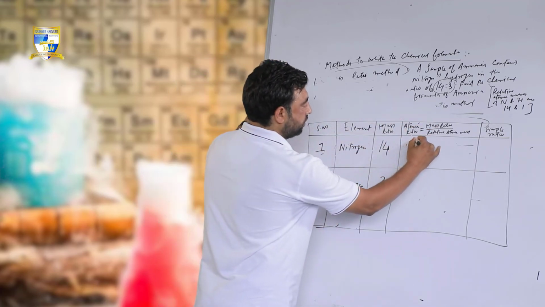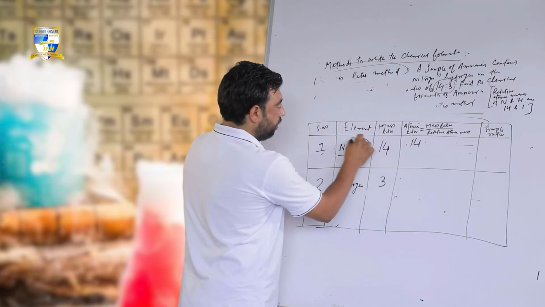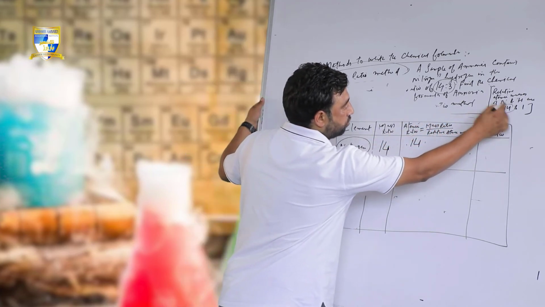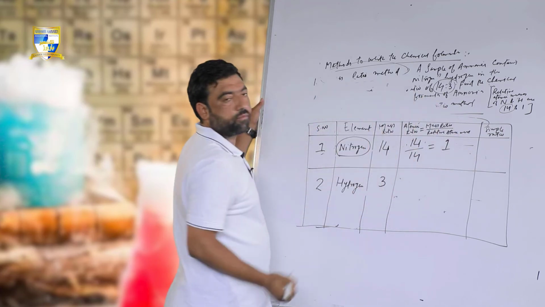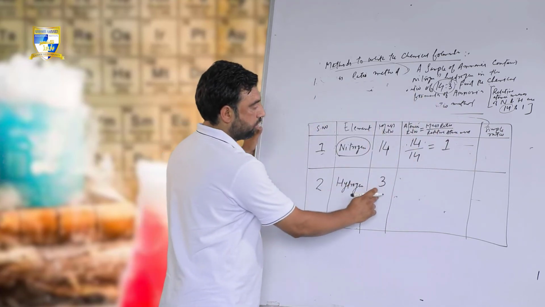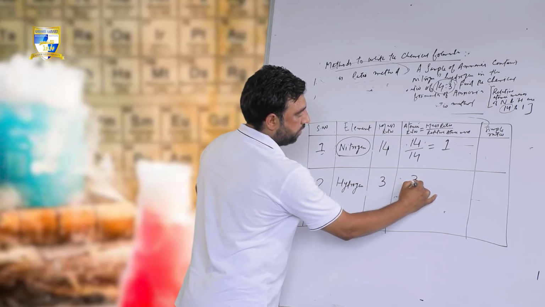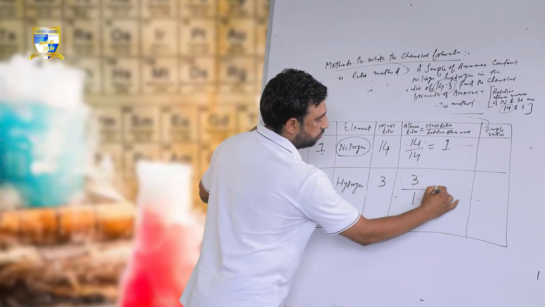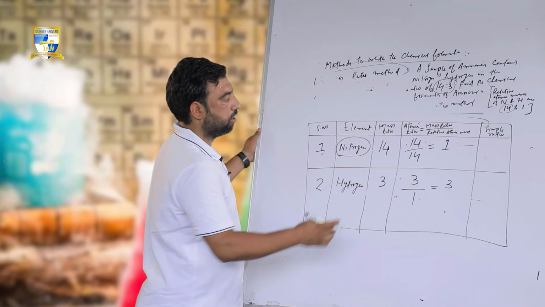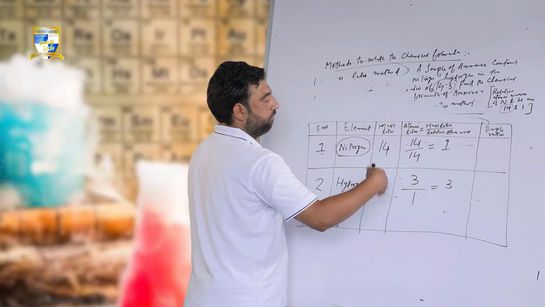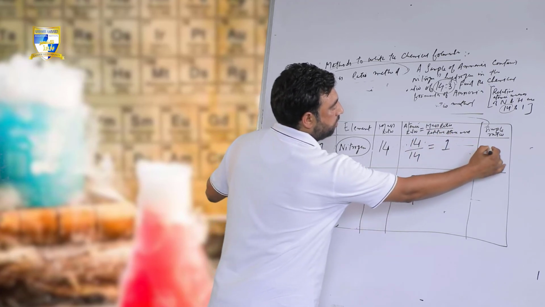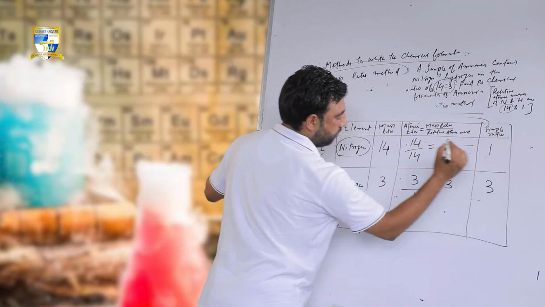Here the mass ratio is given 14 and the relative atomic mass of nitrogen is also 14. So 14 by 14 becomes 1. And hydrogen, the mass ratio is 3 and the relative atomic mass is 1. So it becomes 3. So it is already in the simple ratio. There is no need to change them into anything simpler. It is already in the simplest form. So the ratio becomes 1 by 3.